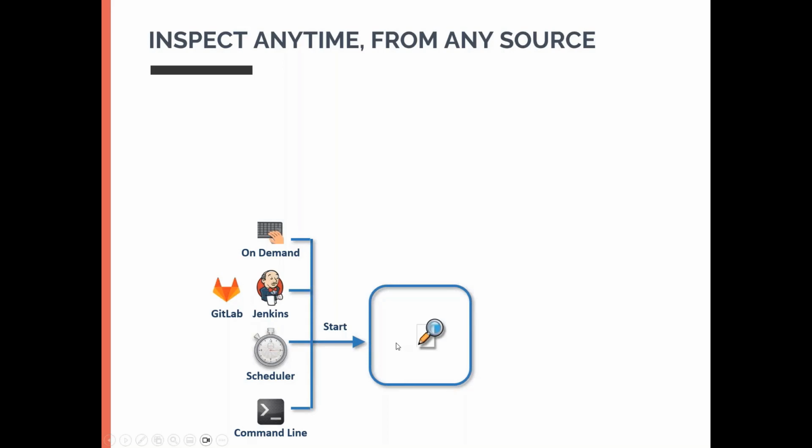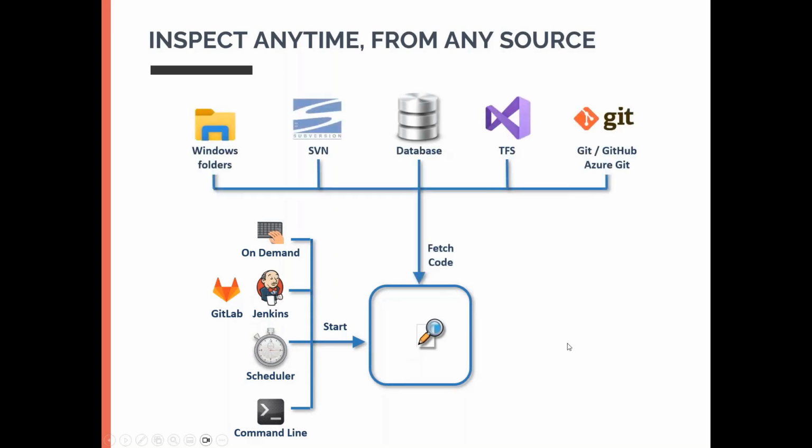Once the code inspection process is started, we will fetch the code from different sources. For PowerBuilder, it's typically either PBLs and workspace targets that you can find in a Windows folder, but sometimes it's going to be in a repository. It could be GitHub, TFS, now Azure DevOps, or SVN.